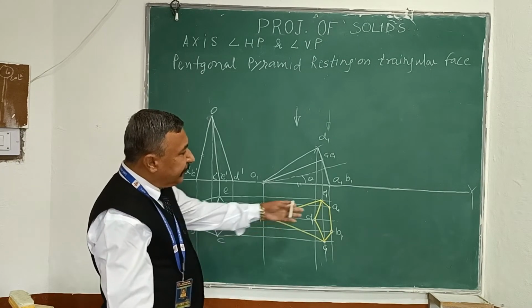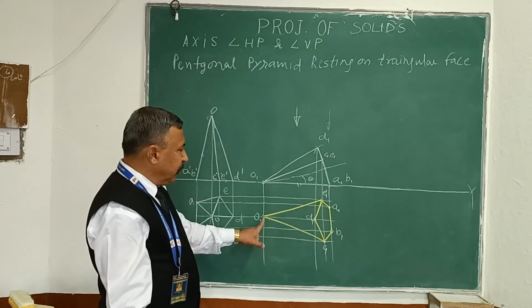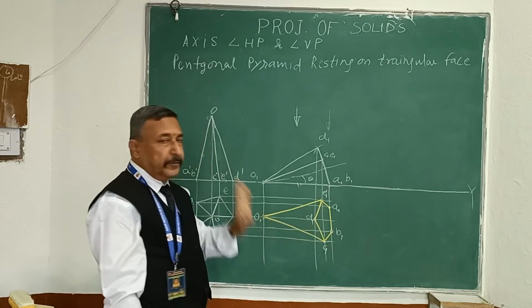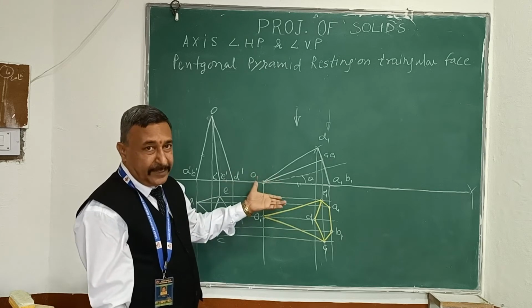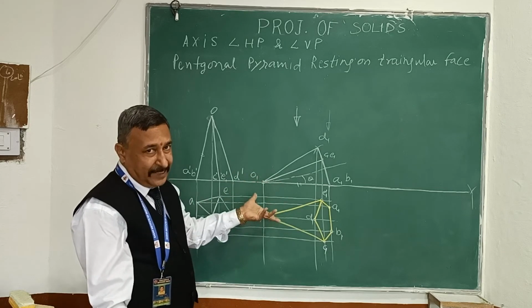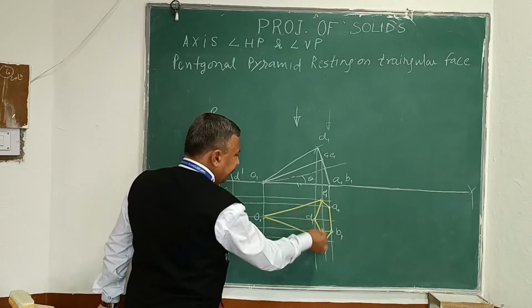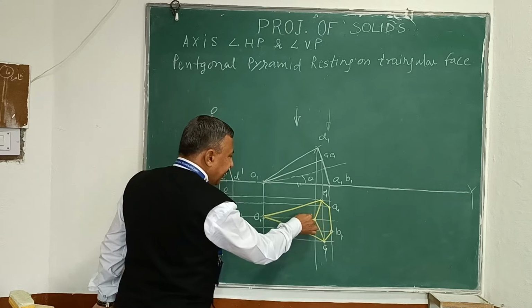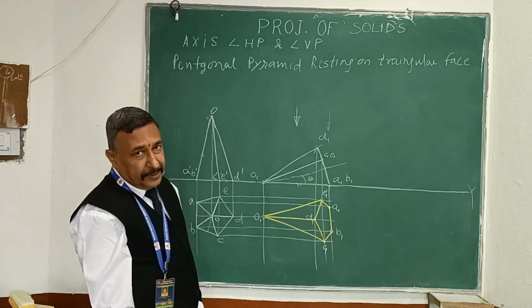Now the remaining edges, see, from A to O, from B to O, from D to O, we have to draw by our experience or common sense. Now see here, this edge is visible, this edge is visible, means this corner is visible. So the edge through this corner is also visible.